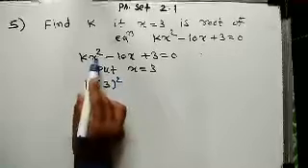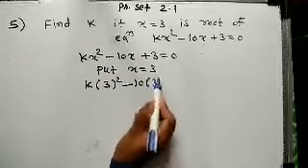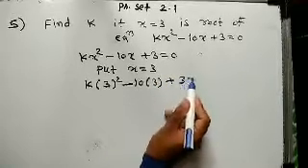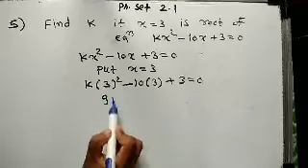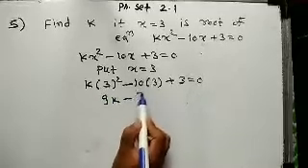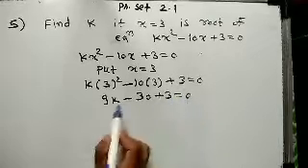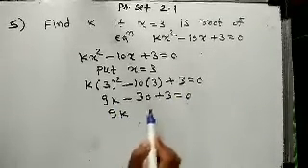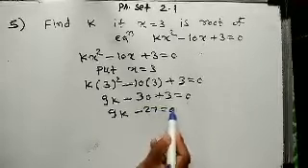Write 3 square instead of x: k into 3 square minus 10 into 3 plus 3 is equal to 0. Here 3 square is 9, so 9k minus 30 plus 3, that is minus 27, is equal to 0.